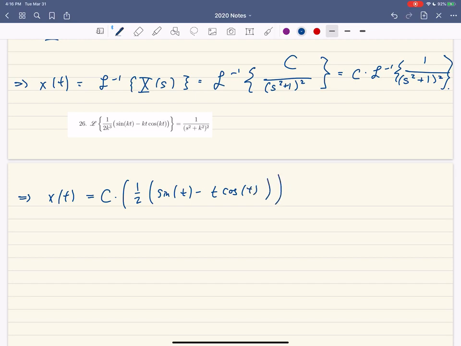And we're done. And the final thing that we can do if we want is absorb this 1/2 into the plus c. And so that means that really we're going to end up with our solution x of t, and it's going to be some constant times sine of t minus t cosine of t.